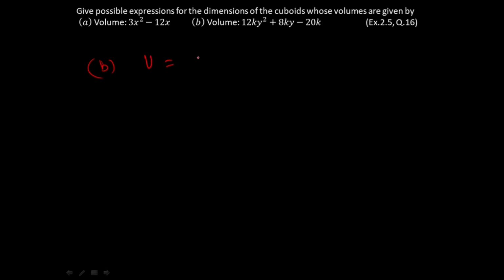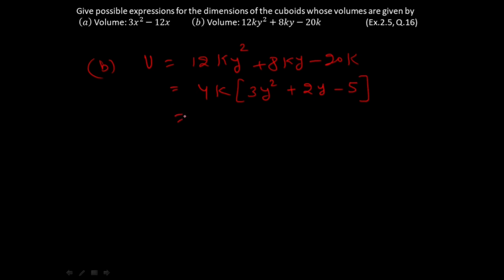Now the volume is given by 12ky square plus 8ky minus 20k. What is common in all? I think 4k. 4k is taken out. What is left behind here? 3y square plus 2y minus 5. Now, can we factorize this?